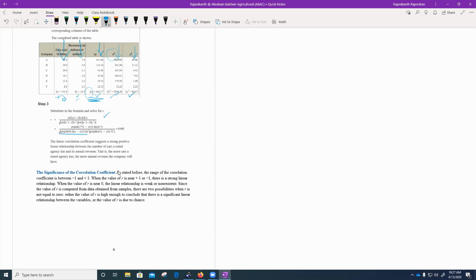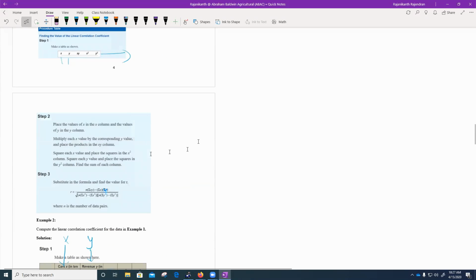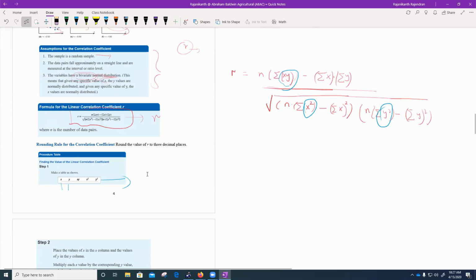Yeah, so this square should be outside. So look at that. It should be outside. Yeah. So this is the correct one. Okay.